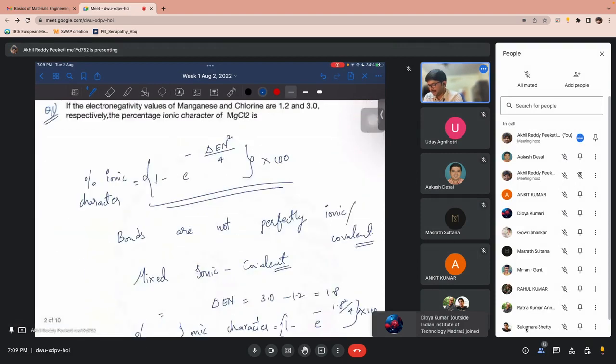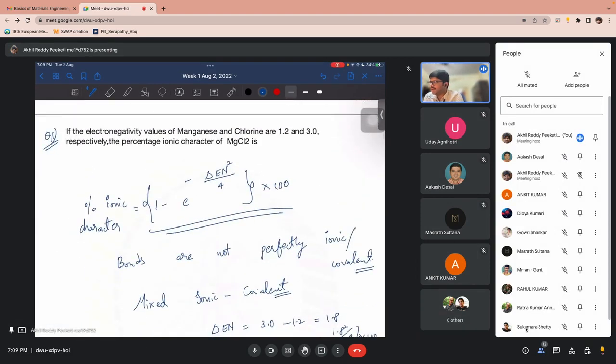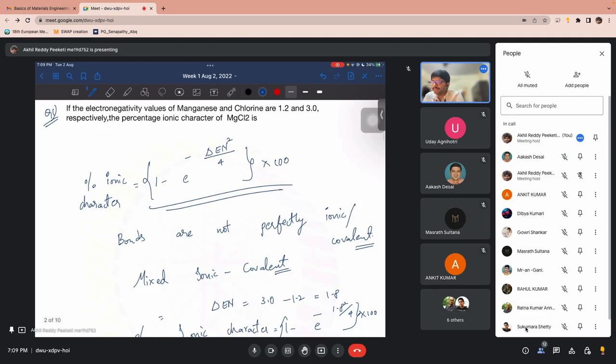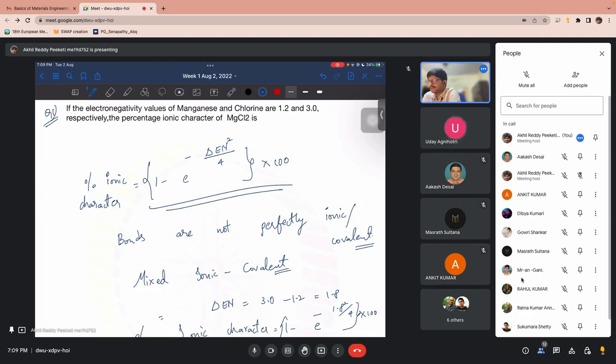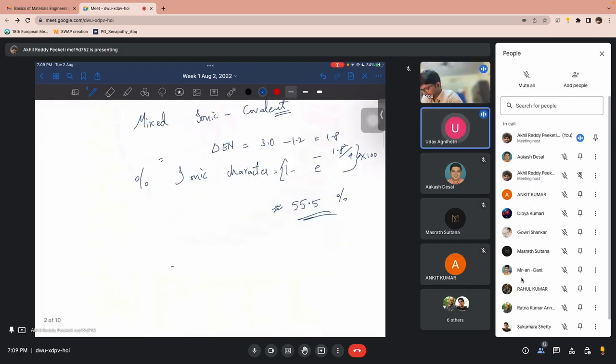Yeah. So any questions, any doubts on this percentage ionic character? If you have any question, you can unmute yourself and ask. Yes, sir. Yes. So it's this way, right?